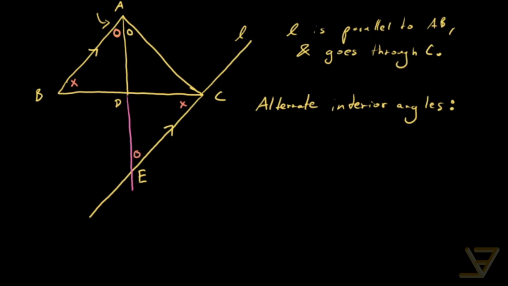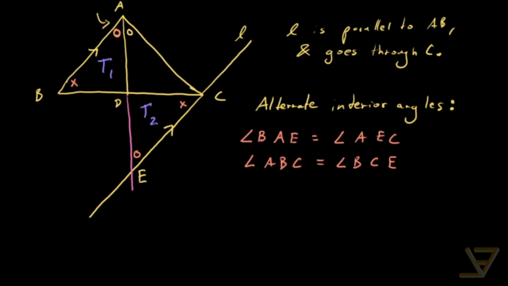So let's write that down in equations. We've got angle BAE is equal to angle AEC, and angle ABC is equal to angle BCE. So this gives us a couple of similar triangles, this one, T1, and this one, T2.